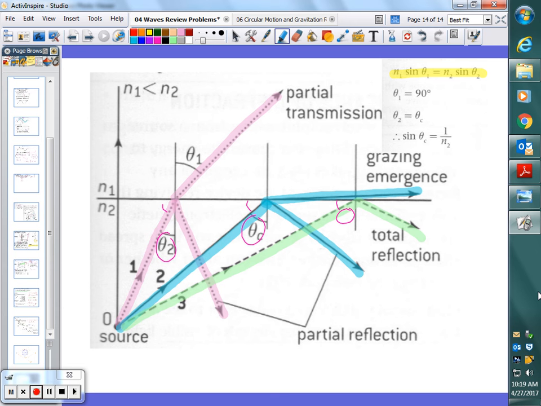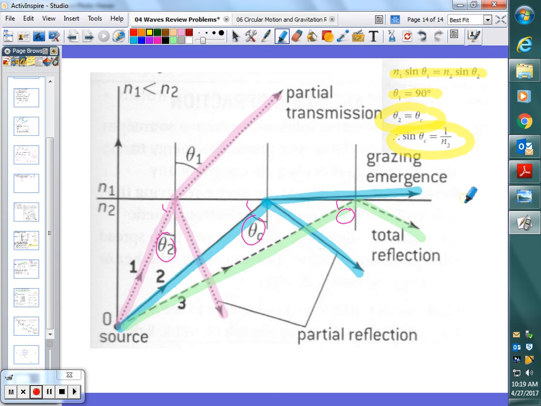But in the case of the critical angle, one of those angles is 90 degrees with reference to the normal line, so we get rid of that here and here. Does that make sense?